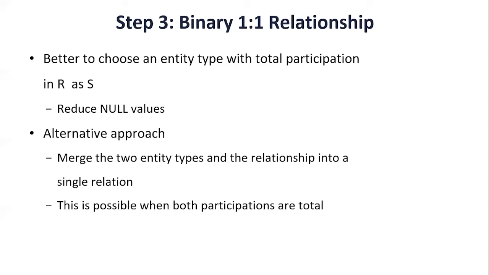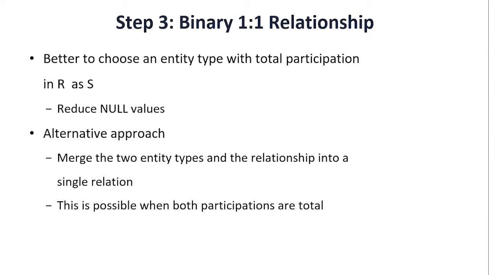And alternatively, we can do another thing, that is merge the two entity types and the relationship into a single relation. And that is only possible when both participant entity sets have total participation. So that means one-to-one with total participation from both sides.